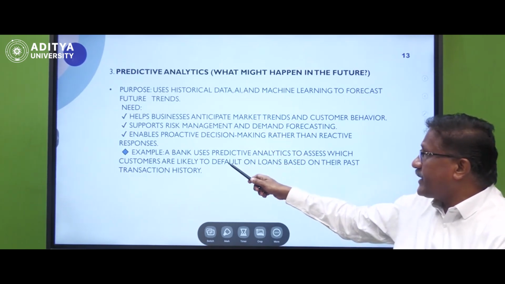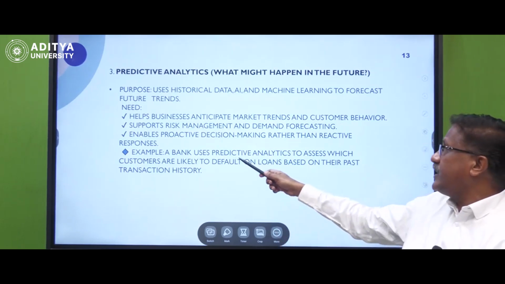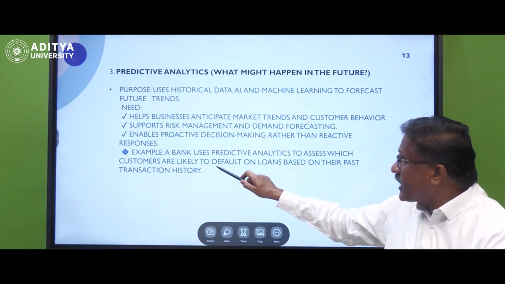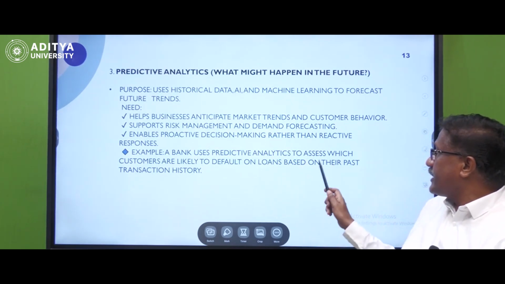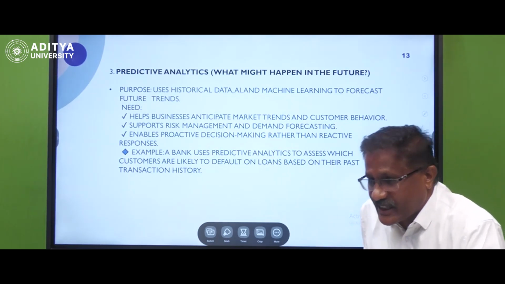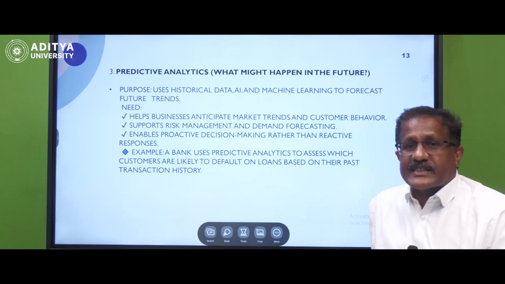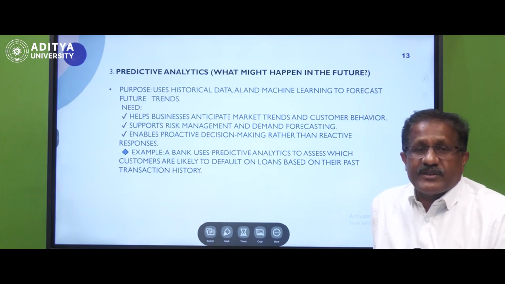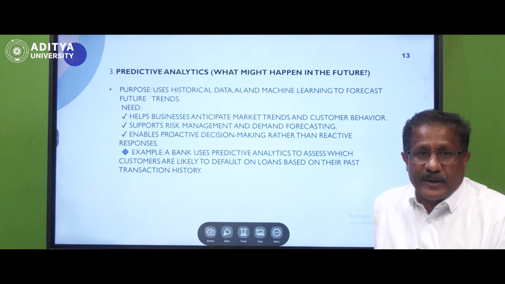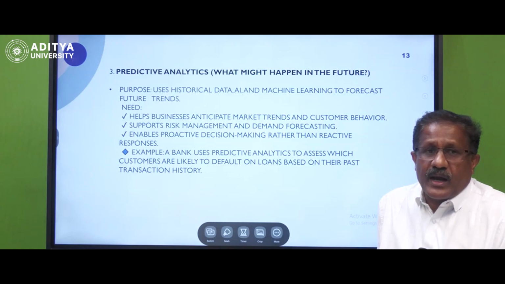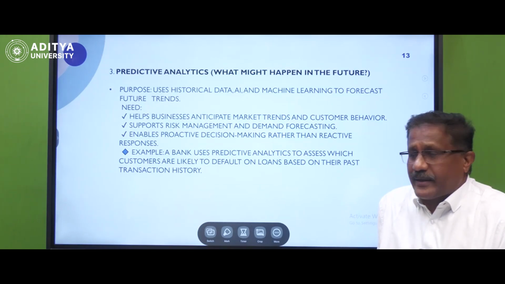For example, a bank here: one bank uses predictive analytics to assess which customers are likely to default on loans based on their past transaction history. Now we know that all banking transactions in India are connected with Aadhaar as well as PAN number. Suppose any customer applies for a loan at a particular bank.